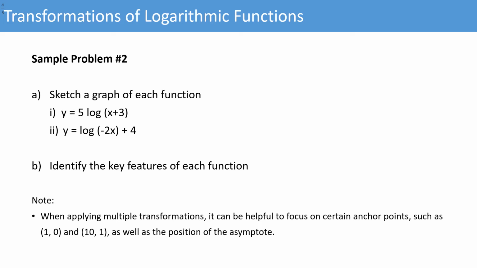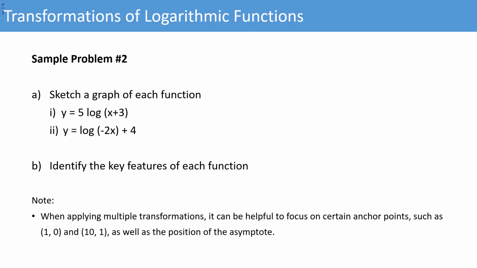Now we want to take a look at another problem. Sketch a graph of each function, y equals 5 log(x plus 3), and then y equals log(negative 2x) plus 4, and identify the key features for each function. Here's a tip.